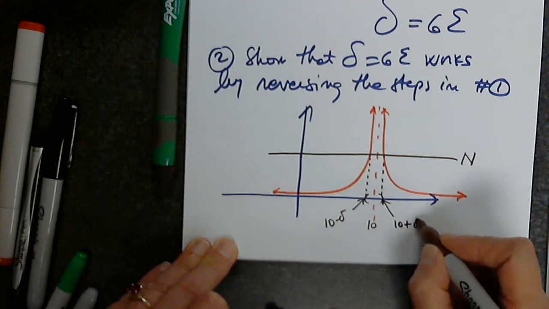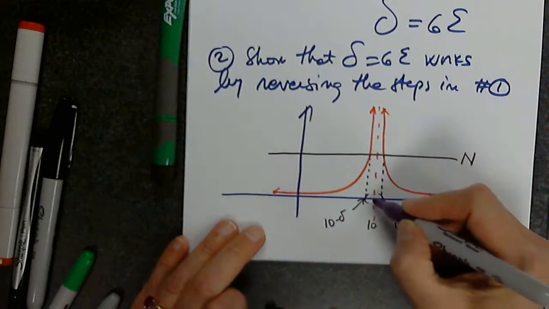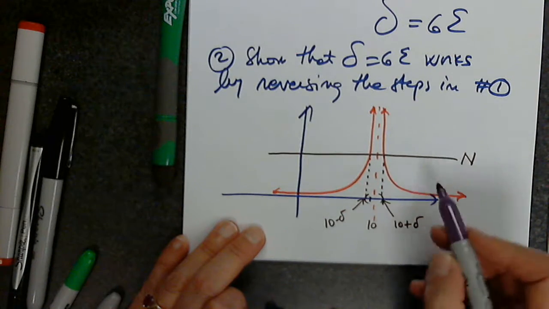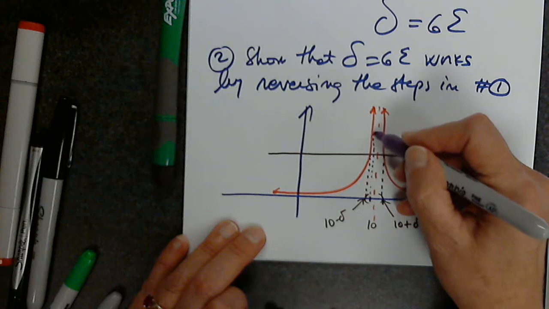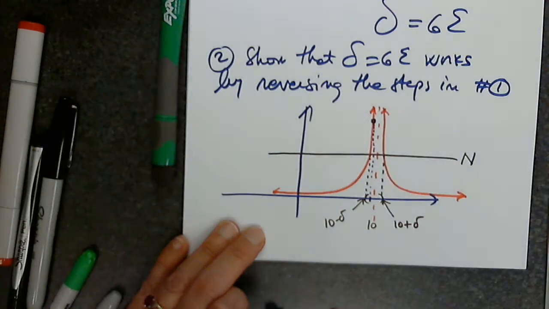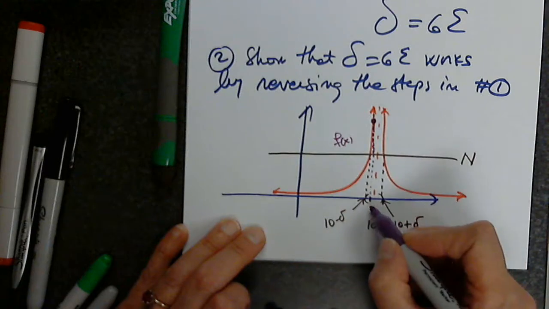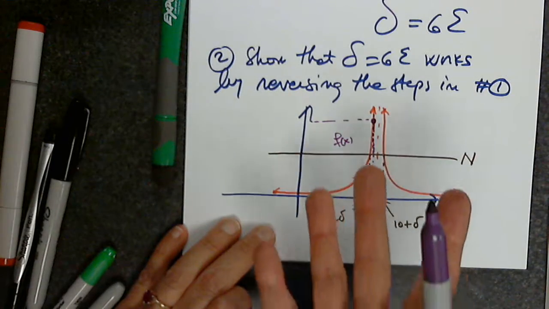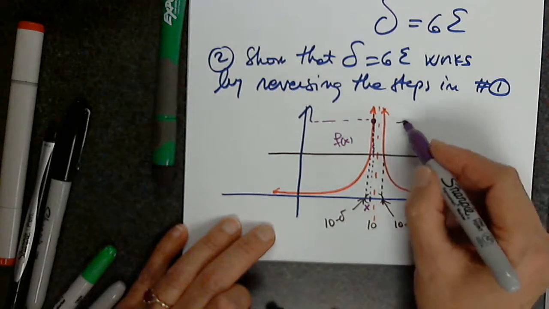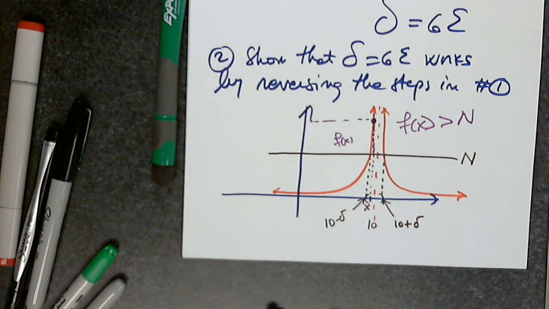This point is 10 plus delta. Every time I pick x close to 10, the distance is smaller than delta. Here's what happens. What will happen to f of x? So if this is my x, what will happen to f of x? Way above, because the limit is infinity.